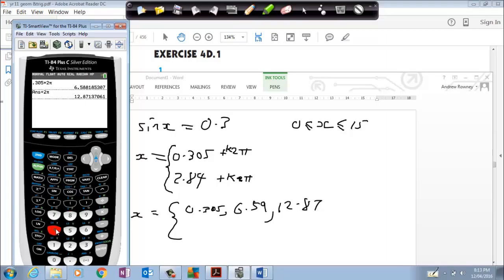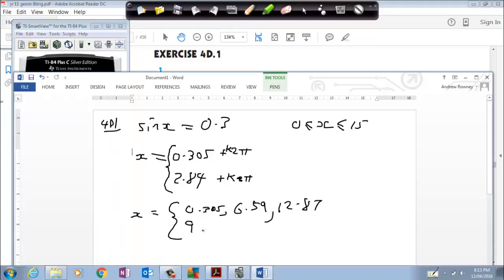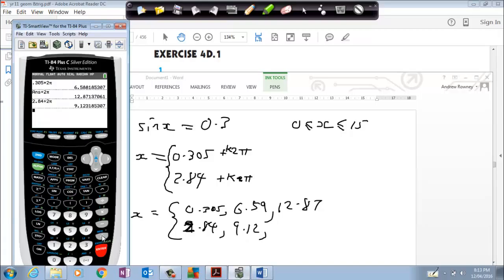2.84, and we add on 2 pi, and we get 9.12. And then we add on another 2 pi, and you can see we're past 15, so we can't include that point.